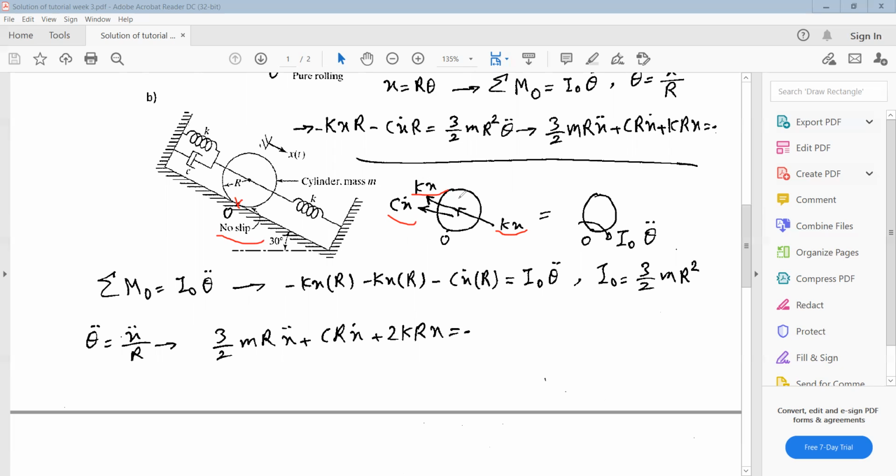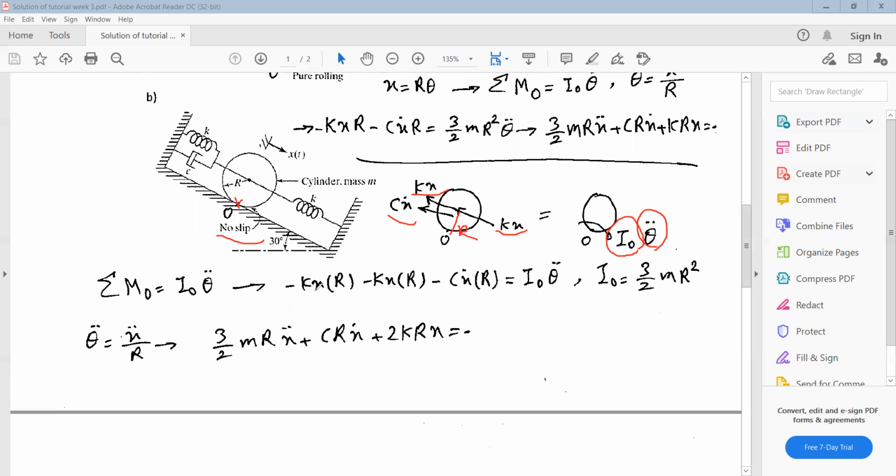All of them are kx, cx dot related to x, where x is r times theta, similar to the previous part. And it must be equal to the mass moment of inertia about point O multiplied by the angular acceleration theta double dot. So you can write the moment equation about this point, which is the force times its arm, and the arm is equal to this distance, which is r.